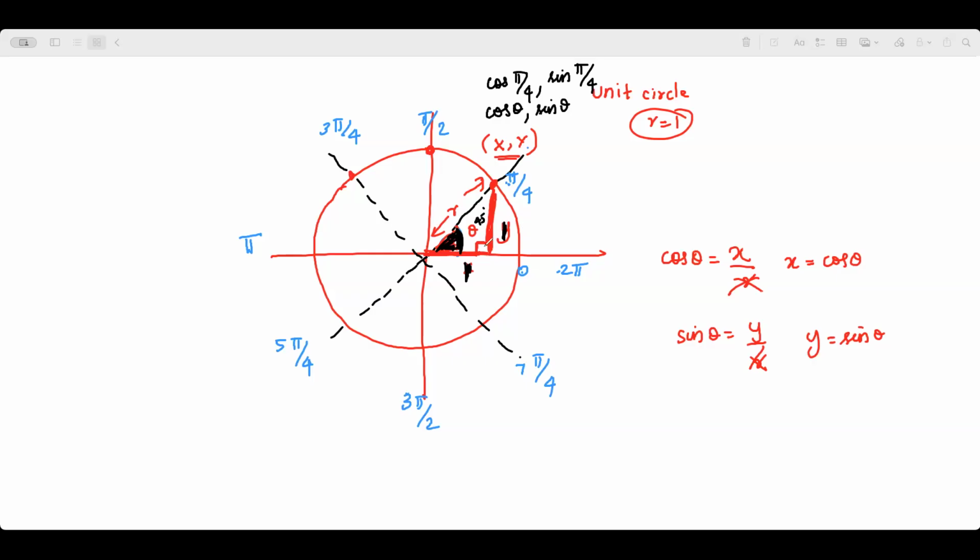Based on that 45 degree angle measures, this will be 1 by root 2 or root 2 by 2 comma root 2 by 2. Any questions here? Any questions here, guys? We are going to deal with a lot of problems on this. So this side, what would be the x comma y point? What will be the x comma y point?